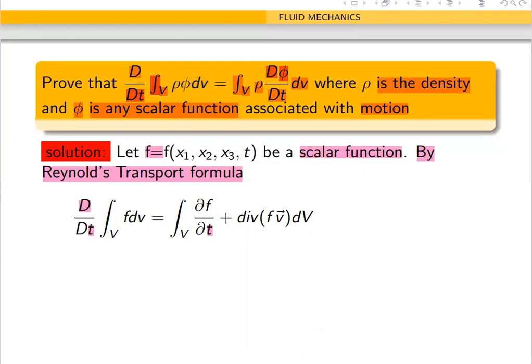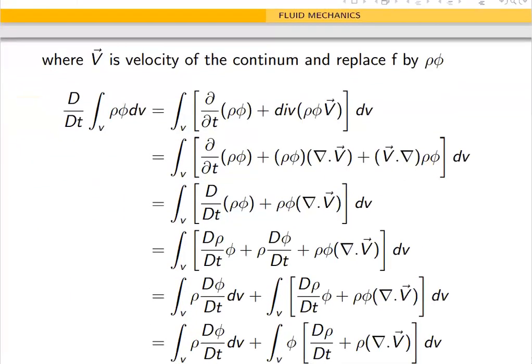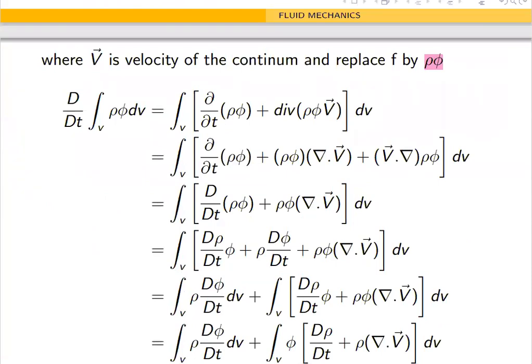So just replace f by rho phi. Wherever f is there, we'll put rho times phi.